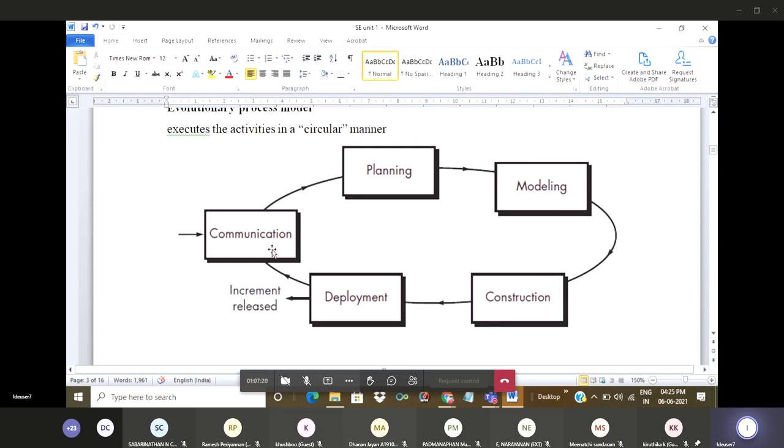The activity starts from communication and proceeds to the next level, planning. Once the planning is over, it comes to modeling. Then modeling gets over, then comes the next level. Increment released. In this way, it will execute the activities in a circular manner.